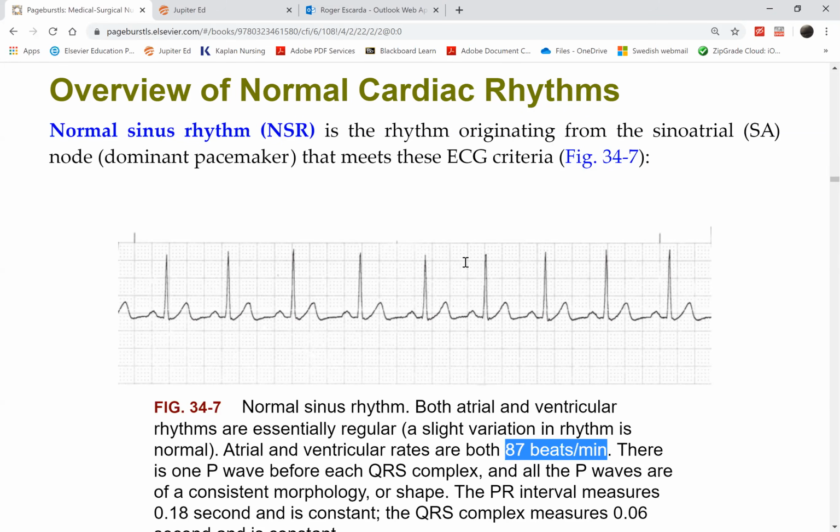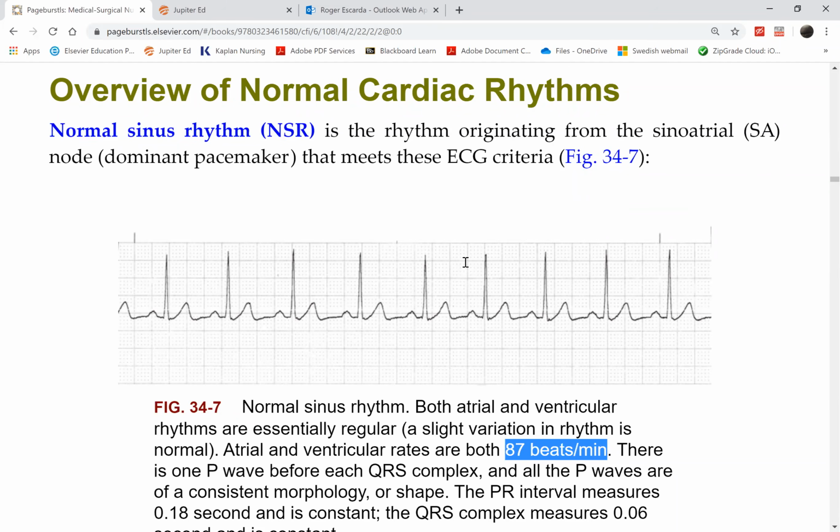So how many big blocks are there in 1 minute? 300. Okay, so there are 300 big blocks in 1 minute. How did we get 300? 60 divided by 0.2, the measurement of one big block, you get 300.